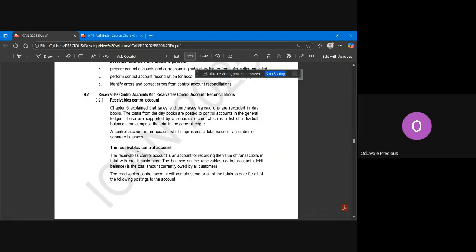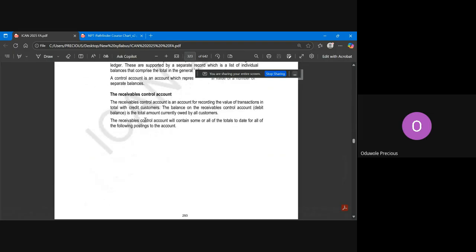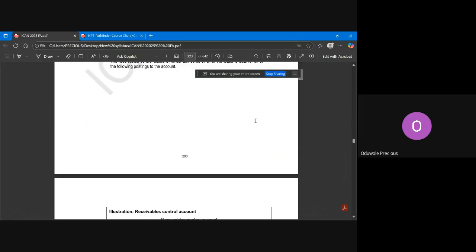That's one of the major ways you know it is under the receivables control account. It is an account for recording the value of transactions in total with credit customers. Like I've said, the receivables control account will contain some or all of the totals to date for all of the following postings.